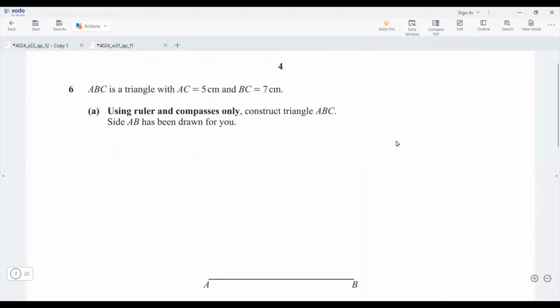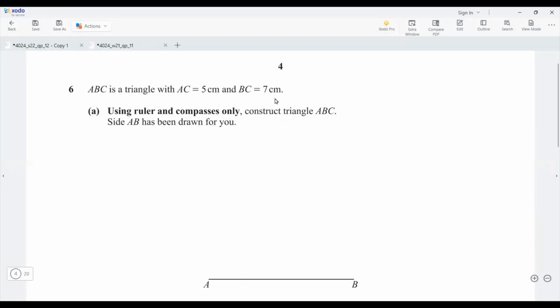Question number 6 is basically a construction of a triangle question. We can see locus and construction, the complete topic name, which is to be done here. Line AB is already drawn for you. They are saying that AC, the length of a side of the triangle, is given as 5 centimeters.